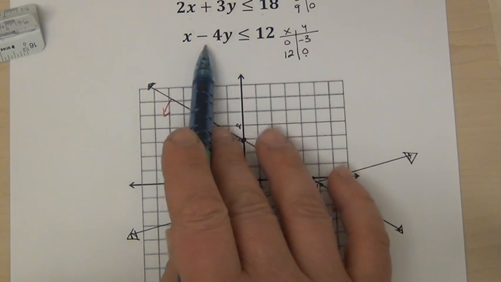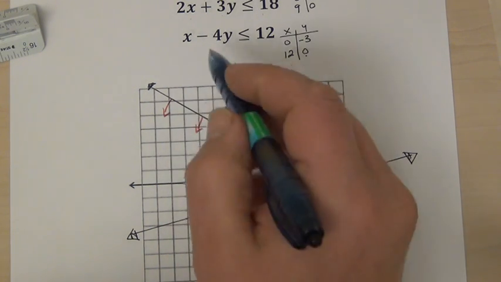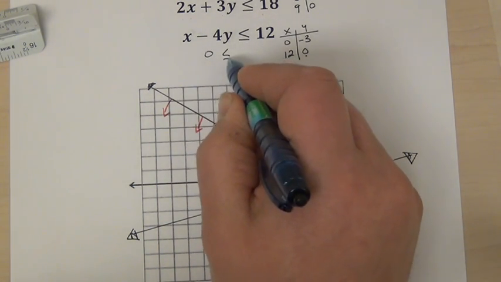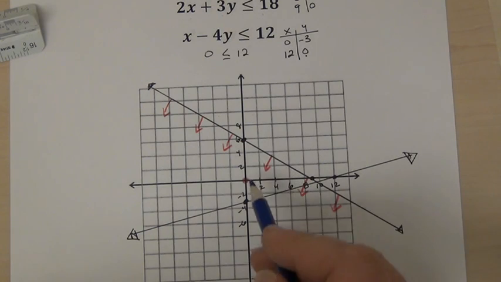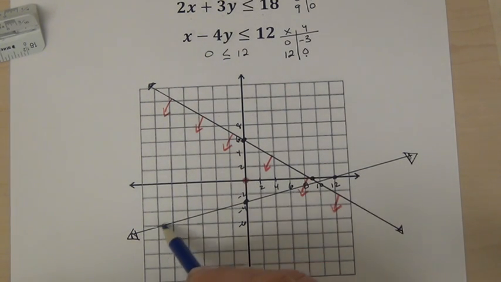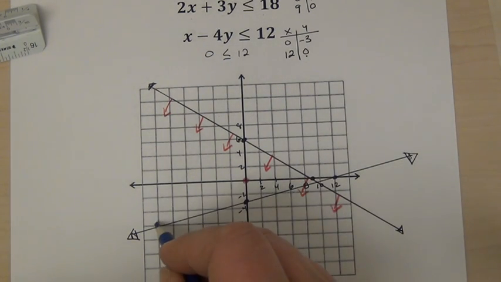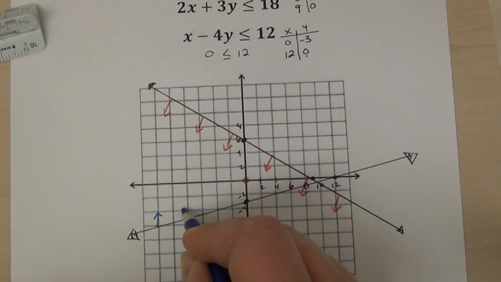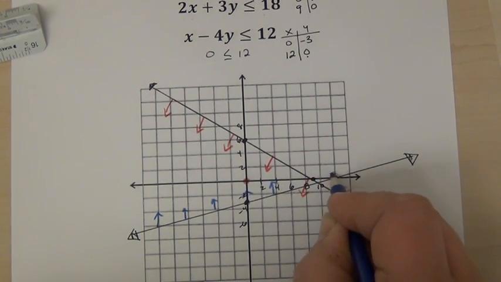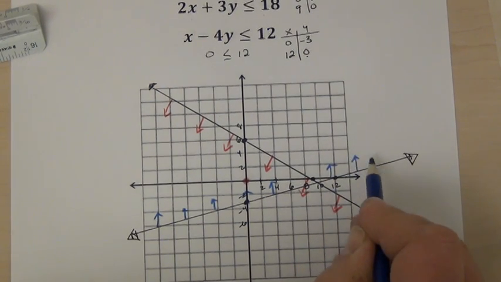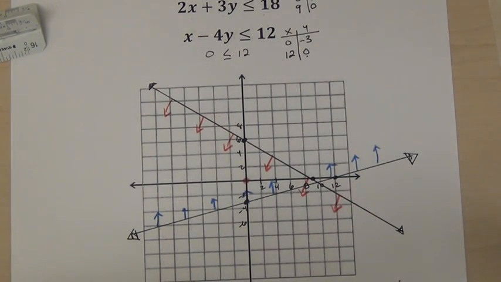So 0, take away 4 times 0 is 0. And 0 is certainly less than 12. So I know that 0, 0 is part of my solution set. It lies above the line I just drew in, so I know my shading is going to be above this line. So I'm going to draw arrows like that.